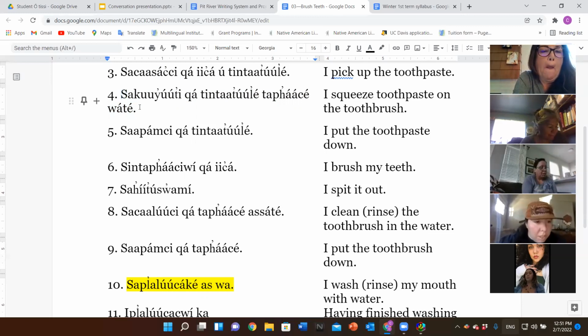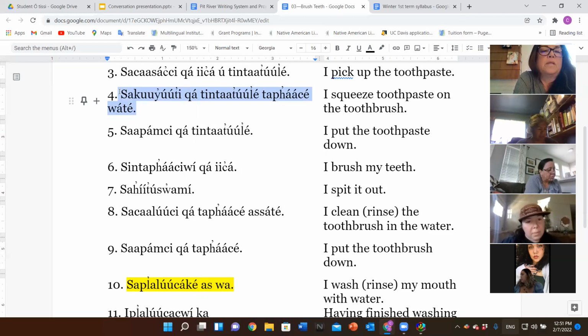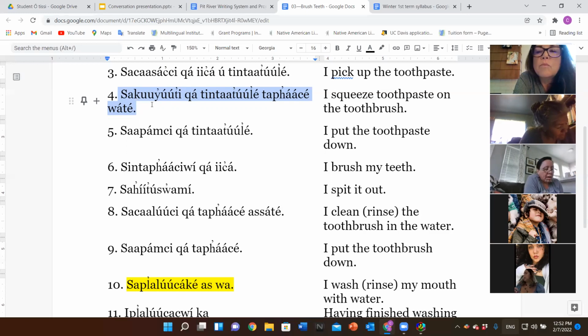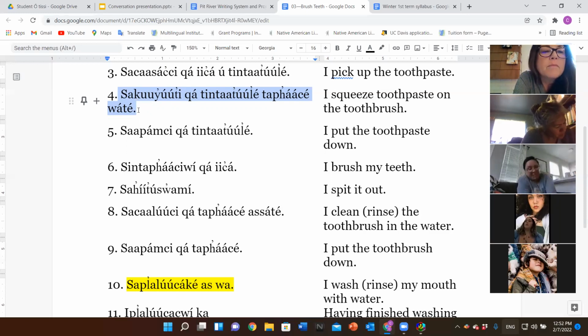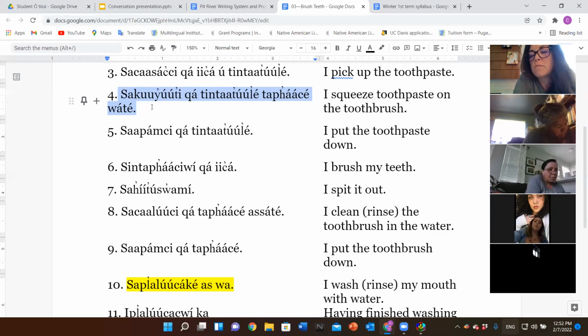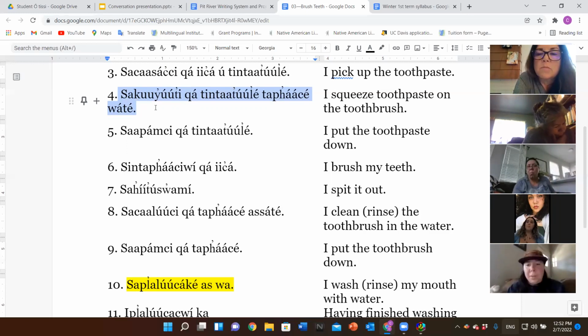Okay. And then, oh yeah, Kenwa. So sagu yuti gatinta tule dap haje wade. Saguyute gadinda tule dap haje wade. Tus I. Mercy, sagu yuti gatinta tule dap haje wade. Saga yuti da tinda tule da hachi wade.